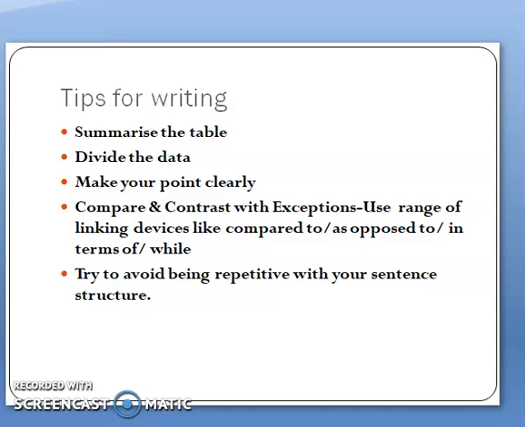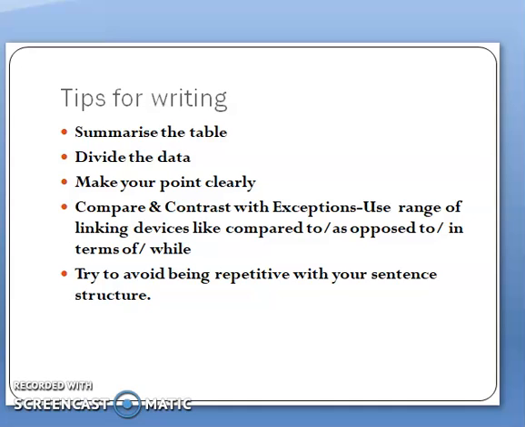The second one is to divide the data. You can split the data into significant groups. This helps you to describe the data and the information that you can see from the table. And the third one is to make your point clearly.